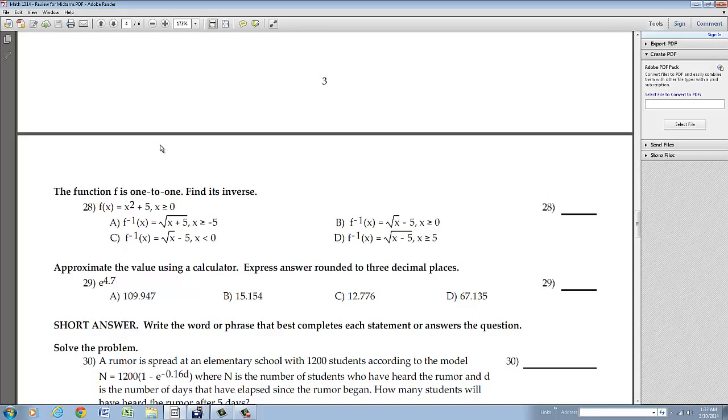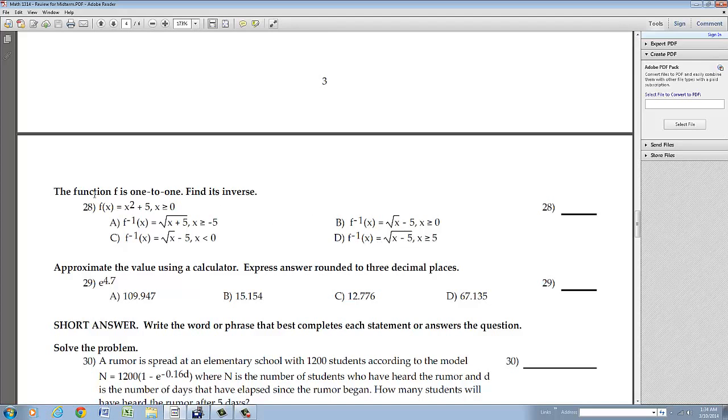When you find the inverse, the domain and the range are reversed. So whatever the domain is here, which is y greater than or equal to 0, that becomes the domain of the function. So just from that alone, I can figure out here that the answer for 28 has to be D.